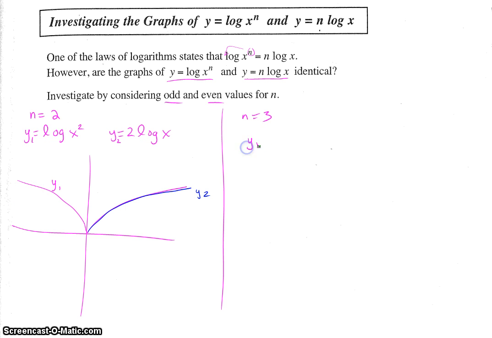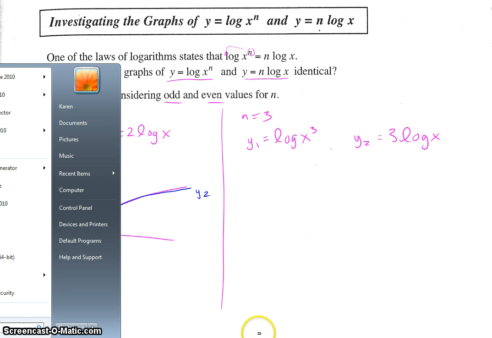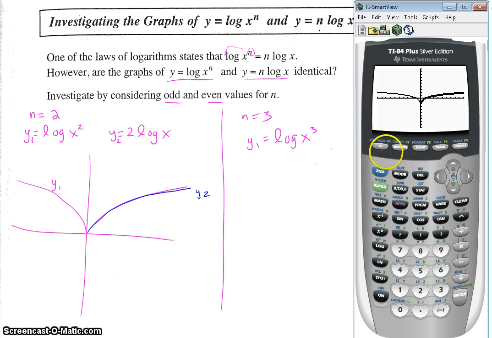So we'd be graphing in y1 log of x cubed, and in y2 3 log x. All right, so put that in your graphing calculator. Let's take a look. We go exponent 3 now, and a 3 in front here. All right, let's look at the graph.